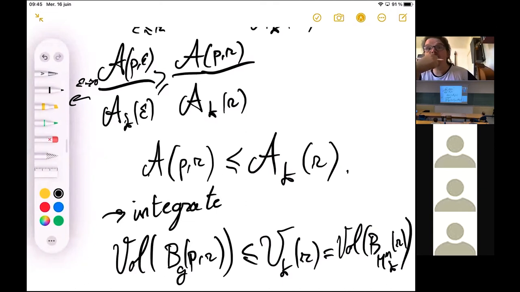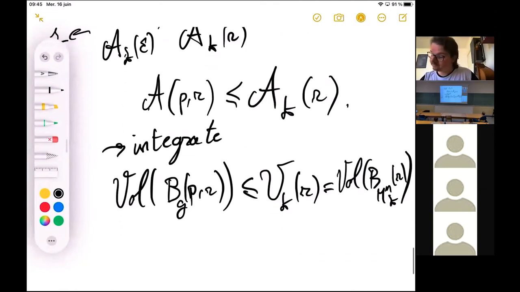So this tells us that lower Ricci curvature bounds give an upper bound on the size of stuff: the area, the diameter, the volume.